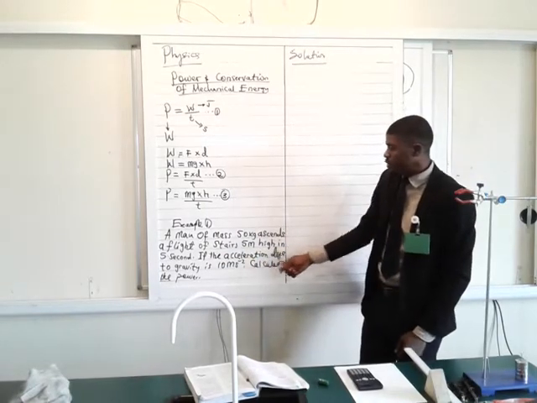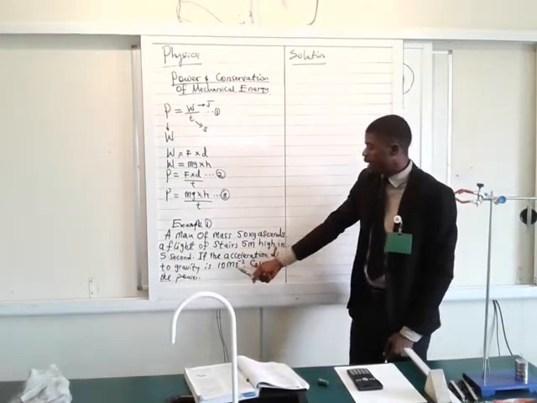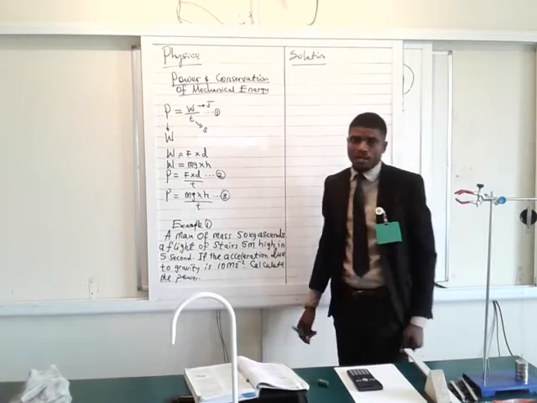If the acceleration due to gravity is 10 meters per second squared, calculate the power.